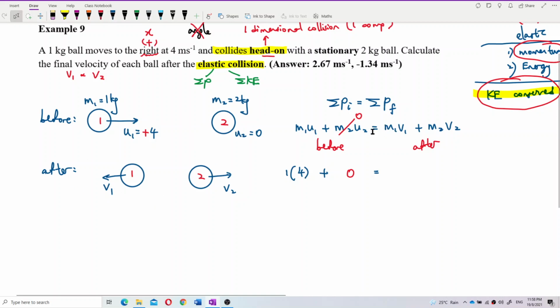So what is mass 1? Mass 1 just now is 1 kilogram, so put 1 kilogram. Do we have v1? Oh, we need to find v1. We don't have it, so we just put v1. And then m2 is 2 kilograms. We don't have v2 either.